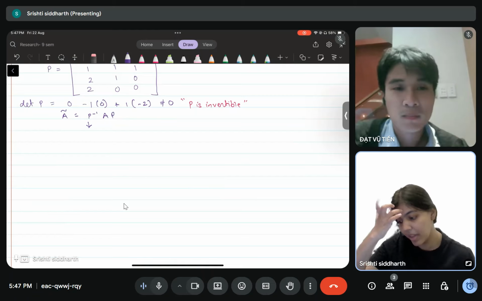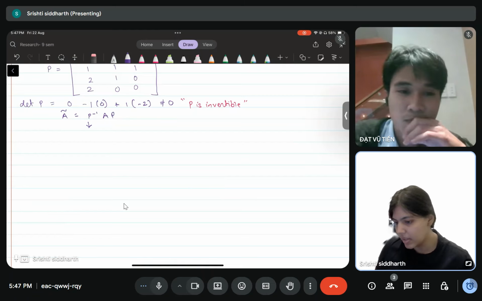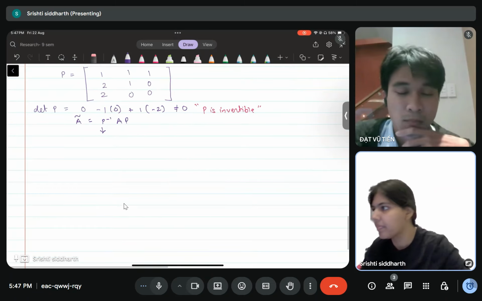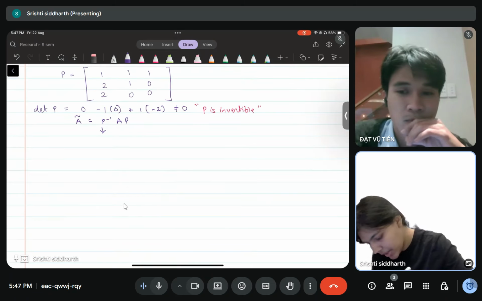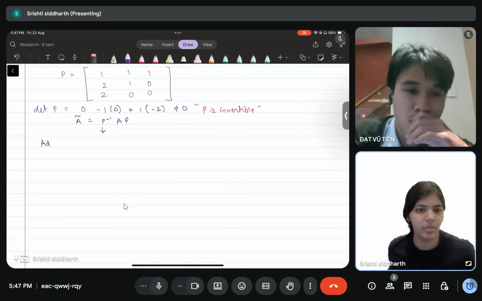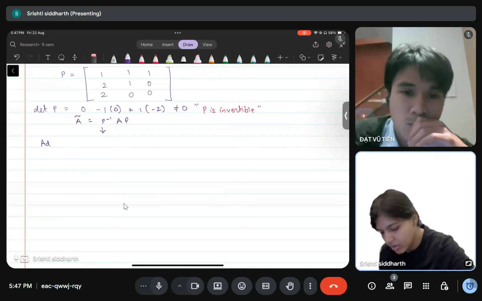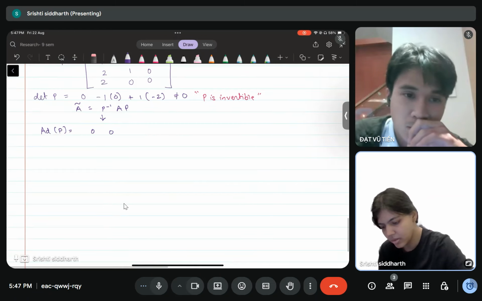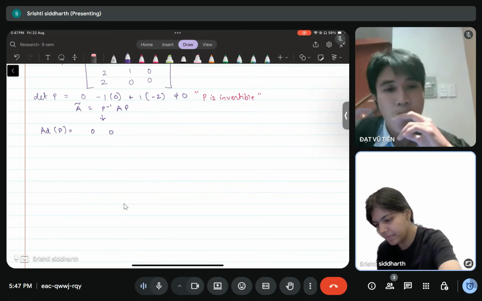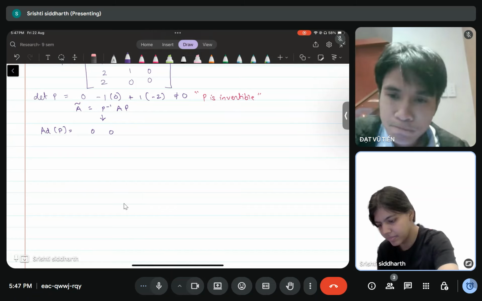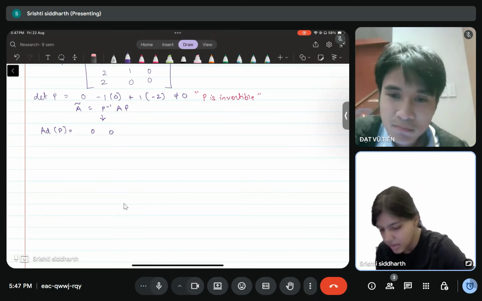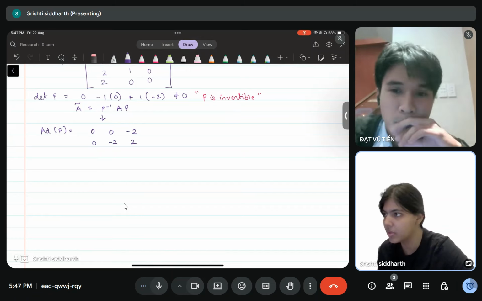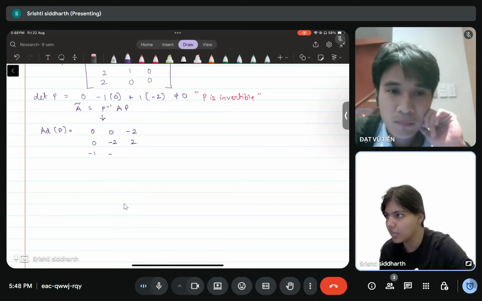So again, we can do this by various methods. Let's see if we can do this by the cofactor and adjoint of a matrix. I'm just going to write this down directly. You can check, or you can also check using MATLAB. So the adjoint of P is 0, 0, minus 2, 0, minus 2, 2, minus 1, minus 2, minus 1.